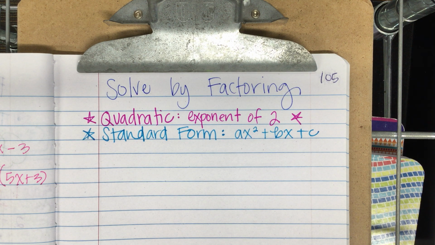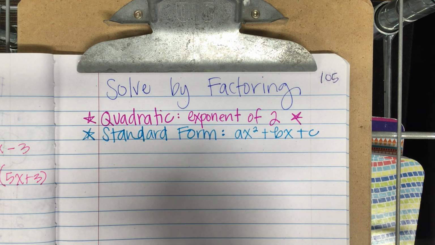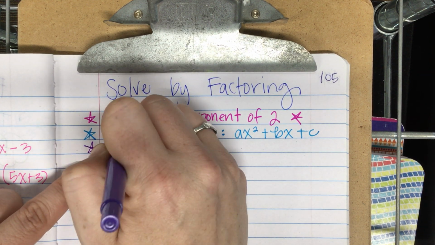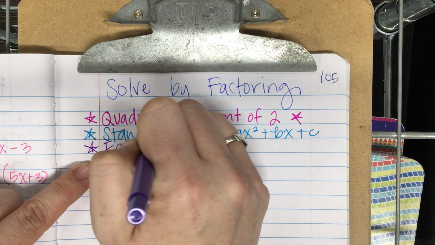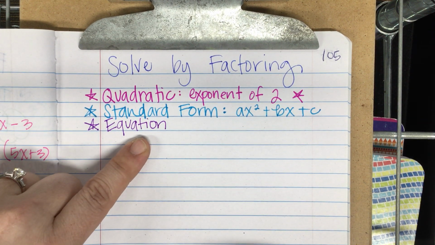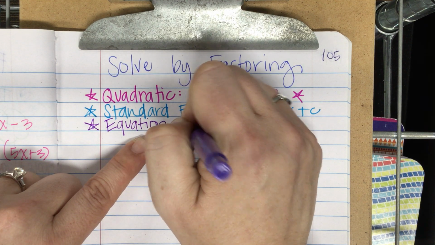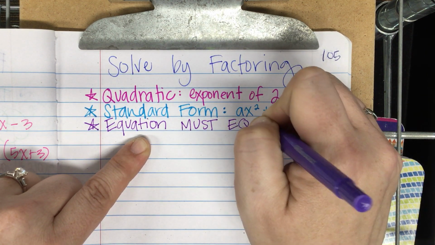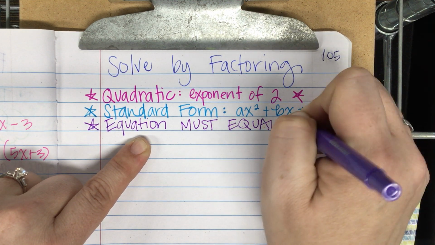This is the part that we have never had before. The equation, because it now has an equal sign, it's going to finally have an equal sign so we can find an answer today, must equal 0.